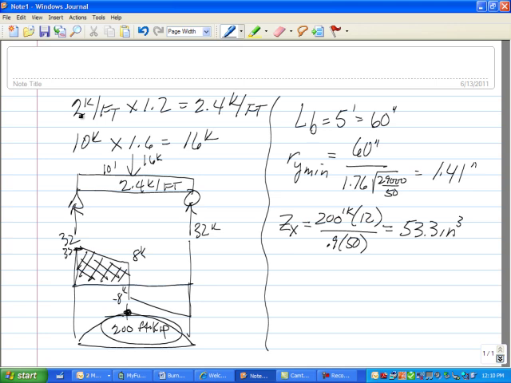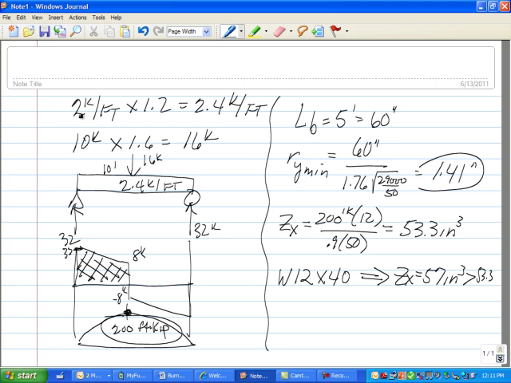Going into the property tables looking at W12s, we'll find out that a W12 by 40 has a Zx equal to 57 inches cubed. So that's greater than 53.3, so that seems like it would work if it is in category 1.